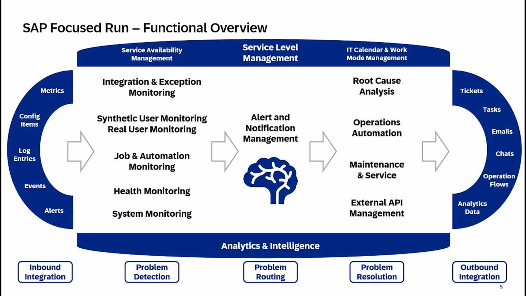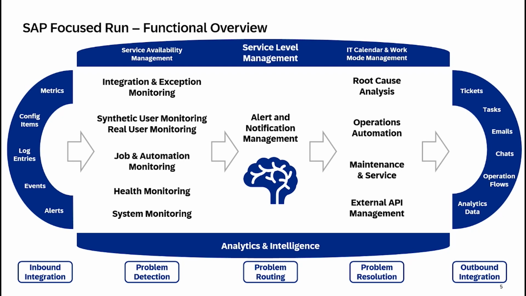And to these aspects: service provider, non-service provider, a huge customer handling a huge data volume will maybe also handle system management in the future, and therefore use Focused Run. So you see, we have all these different monitoring aspects, as you also know from Cloud ALM. We have no business process monitoring.